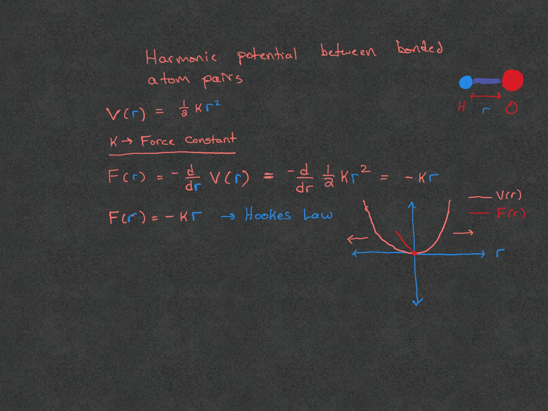So when r is less than 0, I've got a positive force. When r is greater than 0, I've got a negative force. Basically, the Hooke's law force looks like this red line. What's the slope of this red line? The slope is k.